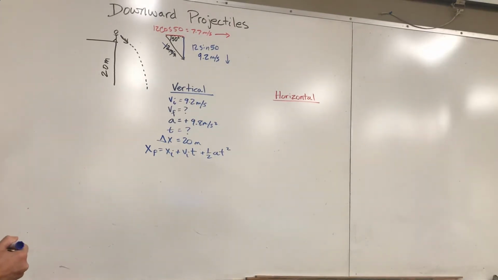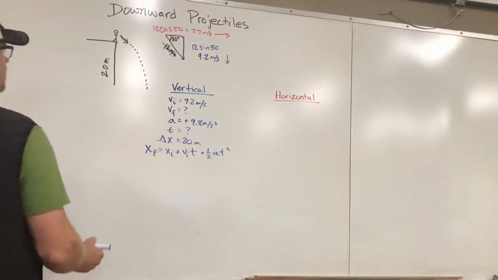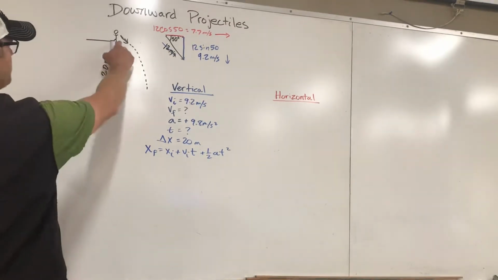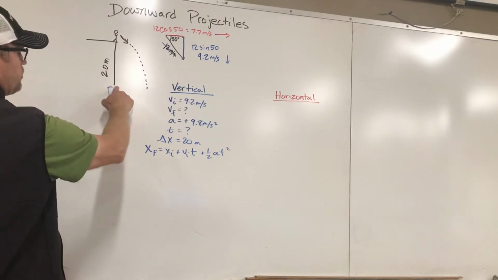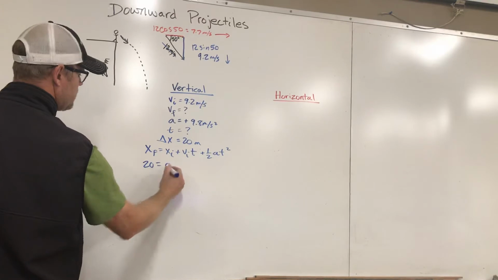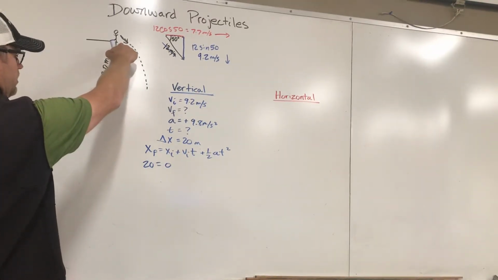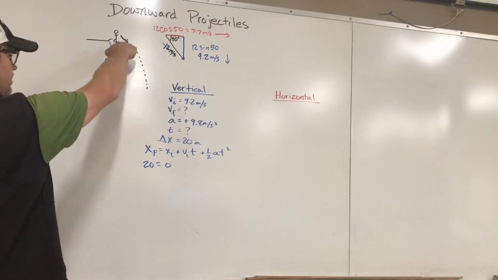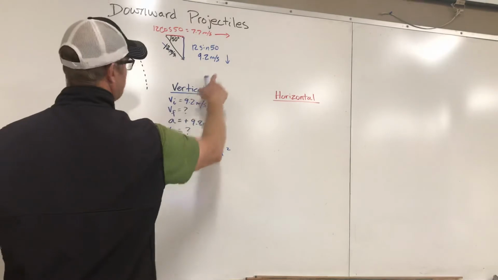I can pick this however I choose, and I like to deal with a lot of positive numbers if possible, so I'm going to keep it consistent that way. I'm going to say that we're starting with an initial displacement of 0, and we're going to end up traveling a total of 20 meters at the end. So 20 equals 0 plus my initial velocity right here, which is 9.2.